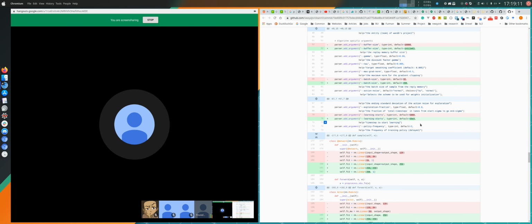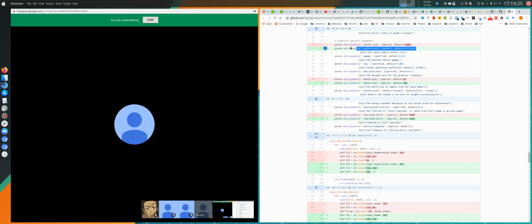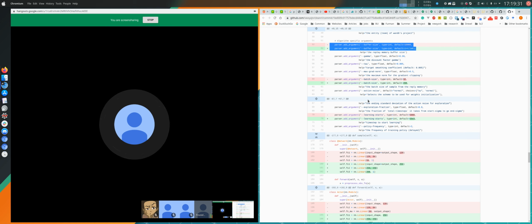I had some experiments with the starting step hyperparameter, but it does not seem to matter that much. Okay, probably not. But I would say the buffer size and the batch size are maybe the most important things, because I remember once I changed the buffer size, I could see a very drastic improvement in the performance.